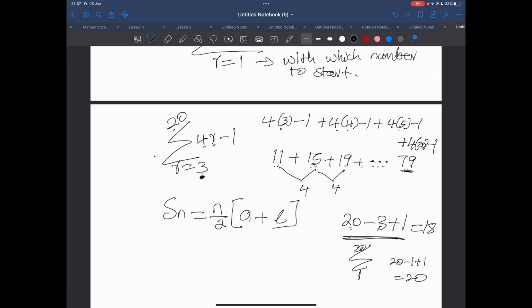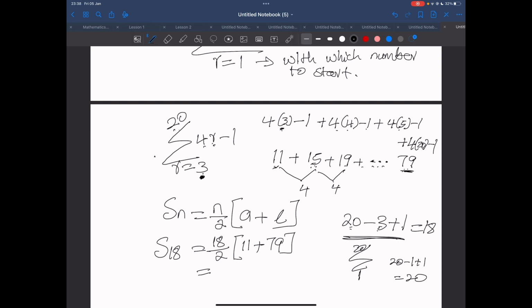Hence, we have substituted the 3, which we get 11. So there are 18 terms, so we are going to add 18 terms. So sum 18 will be 18 over 2 into a, which is 11, plus the last term we have counted to be 79. So you see, it's easier, you can work it out and get an answer right away from your calculator.